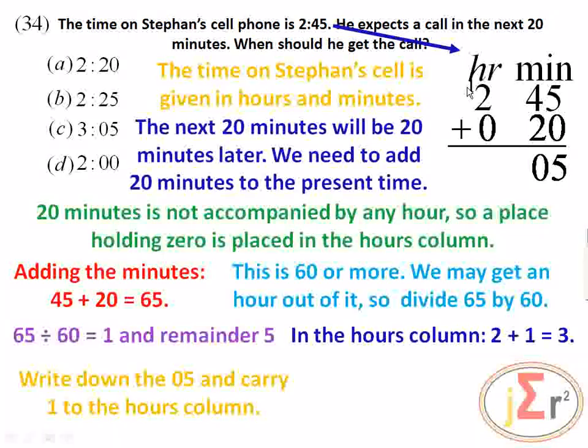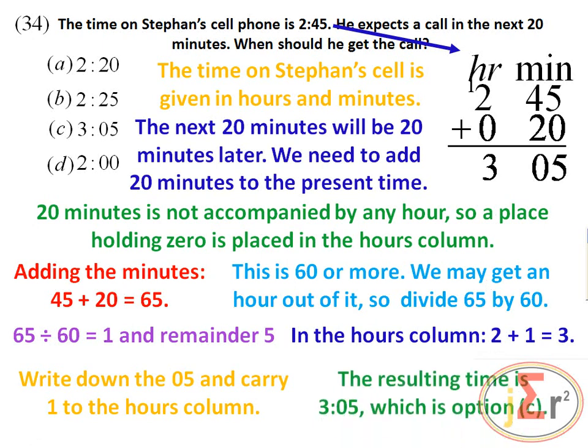So with an additional hour, what do we have? 3. Right. 3 hours. So the new time is 3:05, and that is represented by which option, Jerry? C. Option C. The resulting time is 3:05, which is option C.